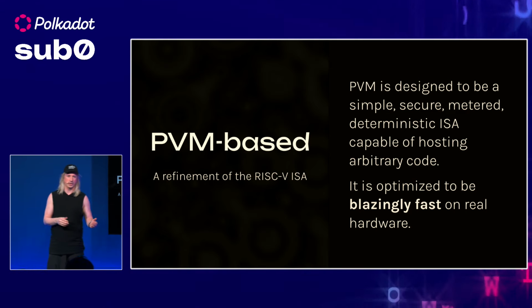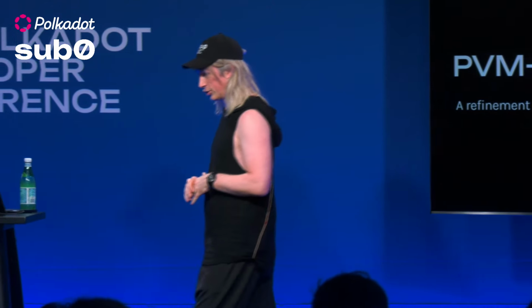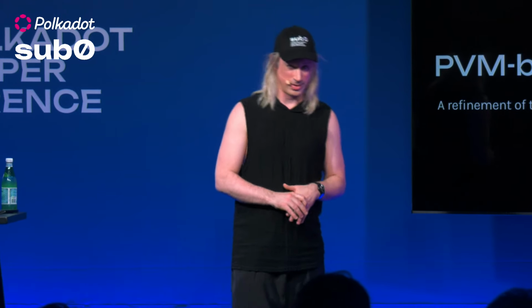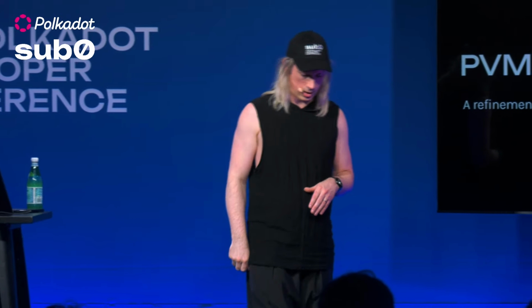It will happen naturally. There's nothing extra to do. And this is something that we very much intend to make use of in some of the use cases for JAM. Now, as it happens, PVM also achieves incredibly fast execution speeds when run on regular hardware. And by regular hardware, I mean basically x64, but also potentially the ARM instruction set, something like the M1 or whatever.